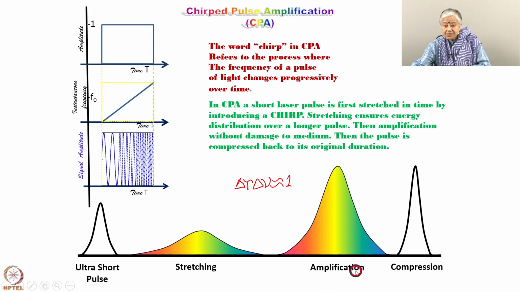So, in the final pulse that I get here, it has saved the amplifiers, at the same time I have been able to extract a large energy and therefore a large peak power. This is the whole idea of the chirped pulse amplification. But it is not devoid of problems, it has a lot of problems which have to be solved, of course.